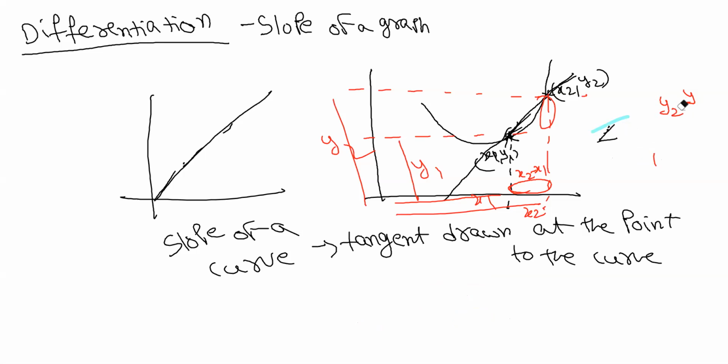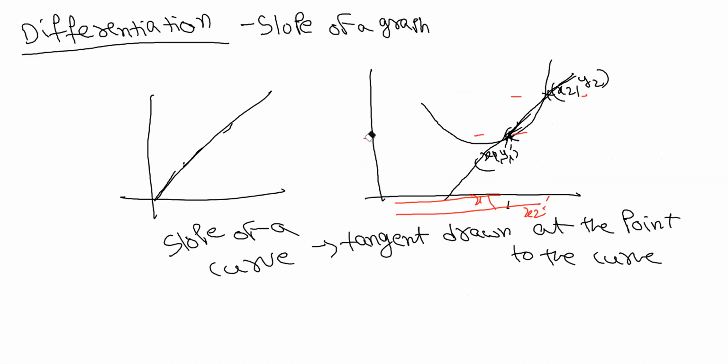For taking it as a triangle, it has to be the tangent, but here it is cutting. We have to take y2 minus y1 and x2 minus x1, but it should not cut the curve. That is the condition.